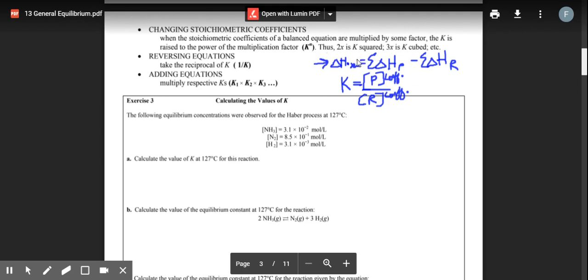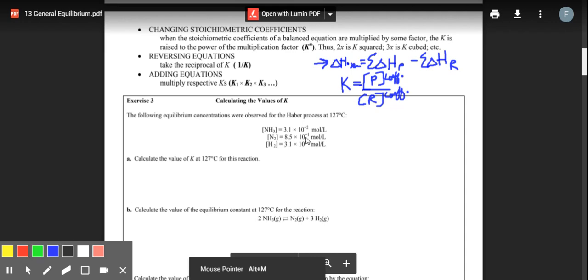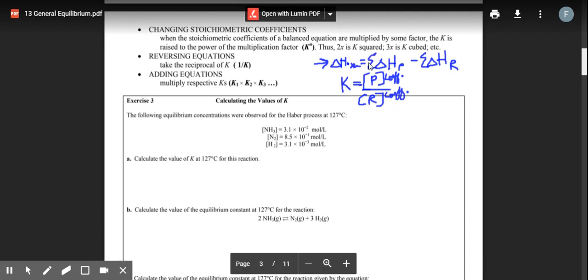So if we multiplied a reaction by 2, what we did is we multiplied our delta H by 2 as well. That's how we manipulated delta H. Well, the reason why is because when I solve for delta H of the reaction, it's the sum, meaning I'm adding my products together.